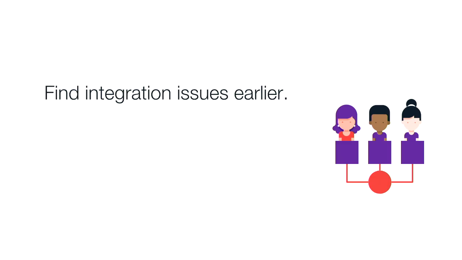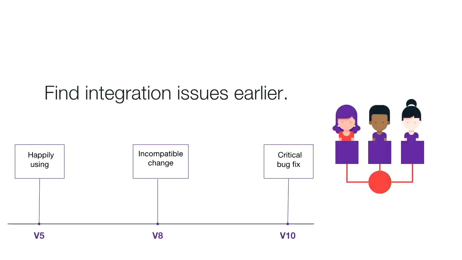Additionally, you want to find integration issues earlier. So for example, let's say I'm now a library user, and I'm using version 5, and I'm very, very happy. But then I find that version 10 actually has a critical bug fix. I want to upgrade, but then I find that version 8 introduced an incompatible change. Now, some months after this incompatible change, I'm stuck.